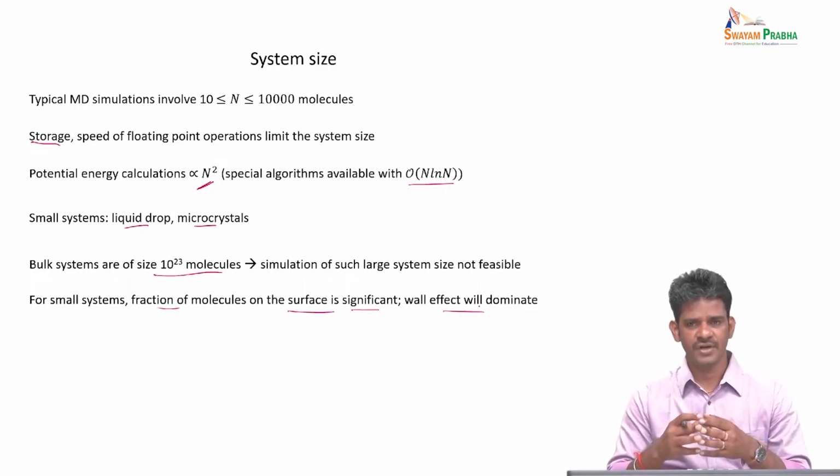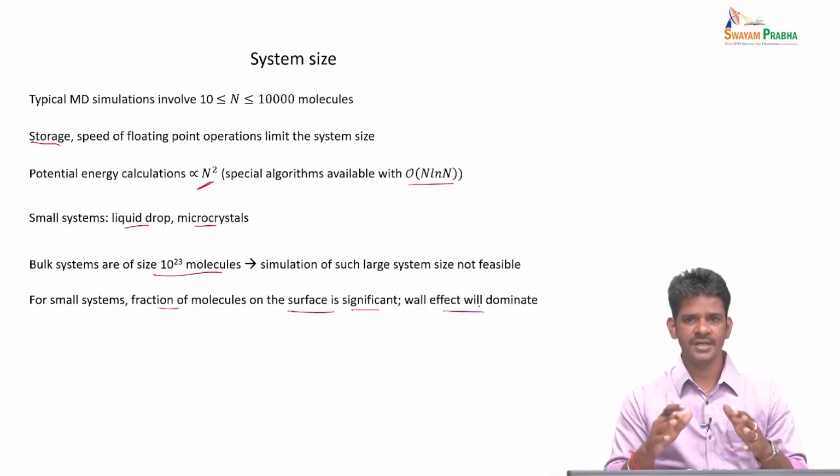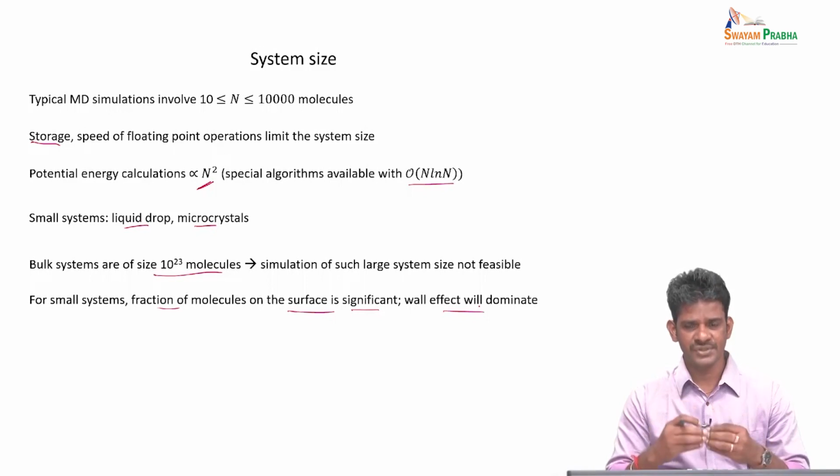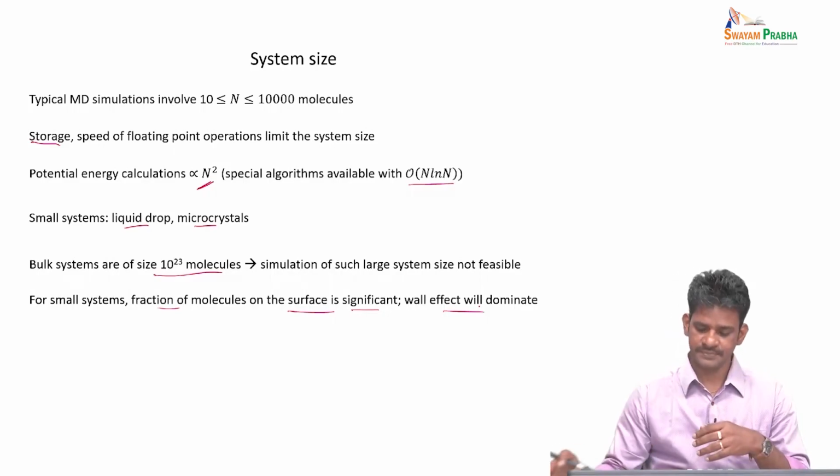Then we are not truly predicting bulk system behavior, but rather the behavior of a system confined by simulation box walls. So how do we eliminate these surface effects? How do we use a very small system size but yet predict properties of a bulk system? That is the context we want to discuss today.